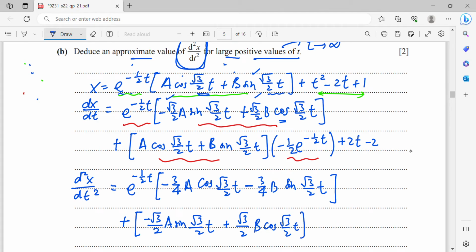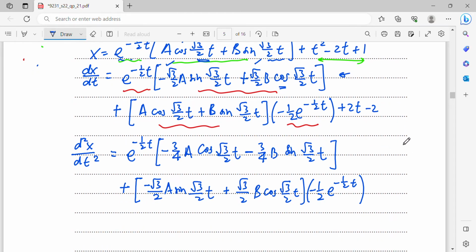When I differentiate exponential negative half t, it will be exponential negative half t, then differentiating negative half t gives negative half. Okay, I get these two terms when I differentiate the first one.